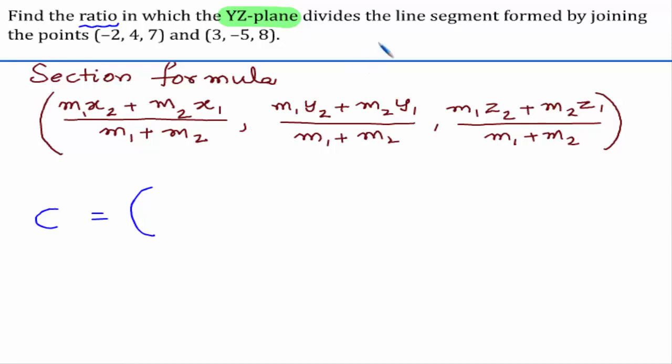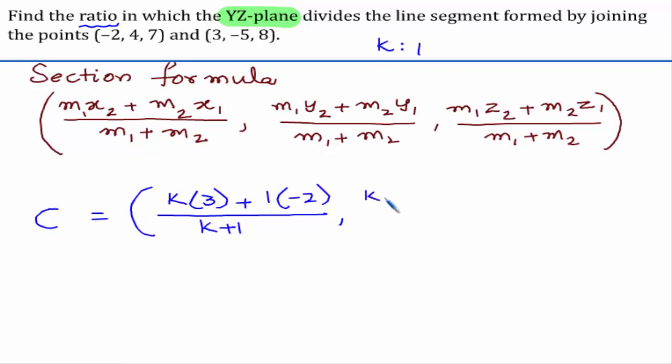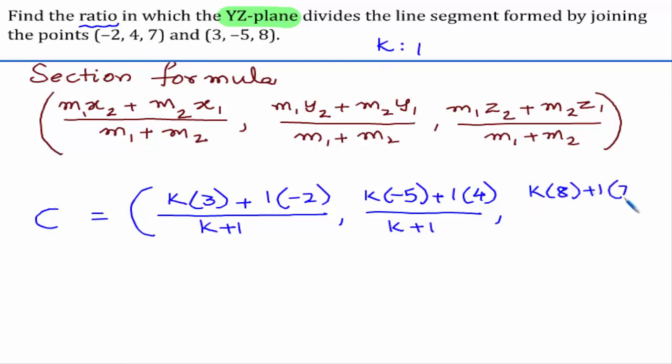So the ratio is k is to 1. Now m1x2, that is k into 3 plus 1 into minus 2 by k plus 1, and the y coordinate is k into minus 5 plus 1 into 4 by k plus 1, and similarly the z coordinate is k into 8 plus 1 into 7 by k plus 1.